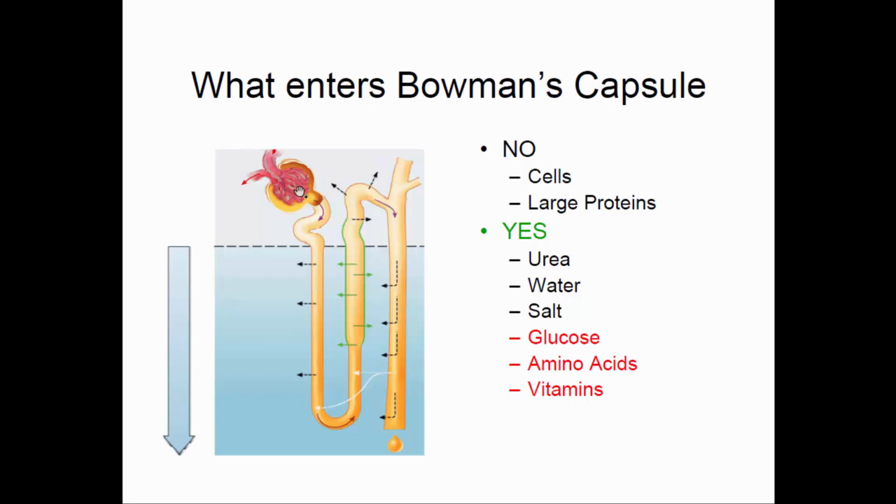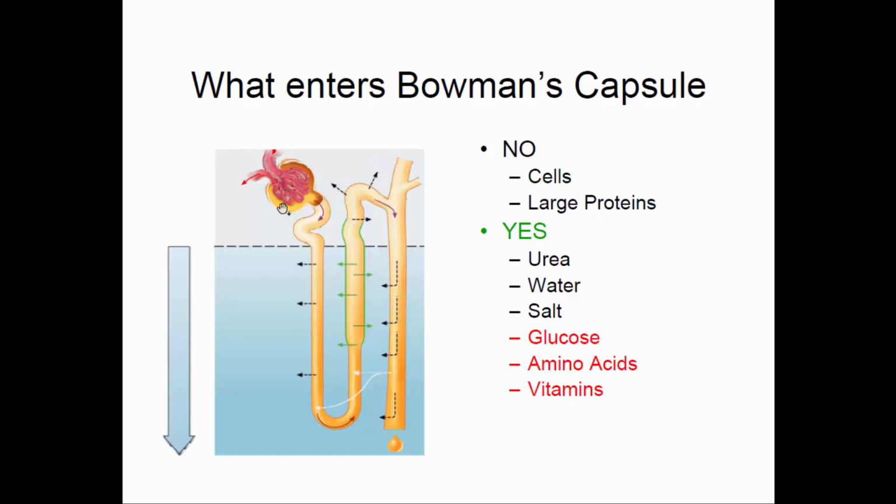Now, what should enter Bowman's capsule is urea, water, salt, glucose, amino acids, and vitamins. Now, wait a second. You're probably saying, wait, glucose. I thought it was bad if you pee excess glucose. Well, yeah, that is true. You don't want to urinate glucose.